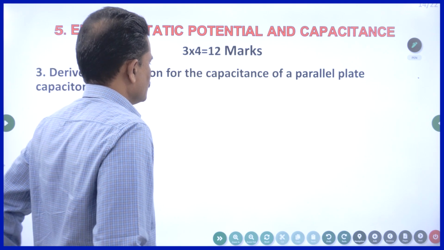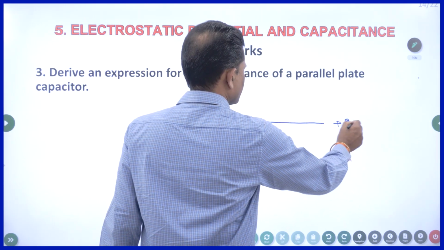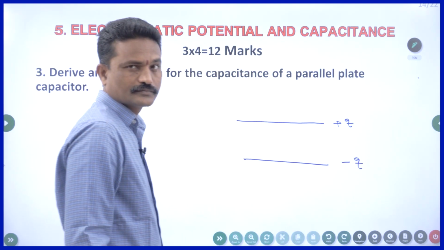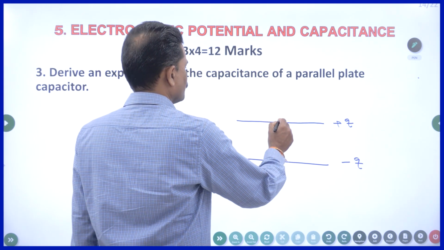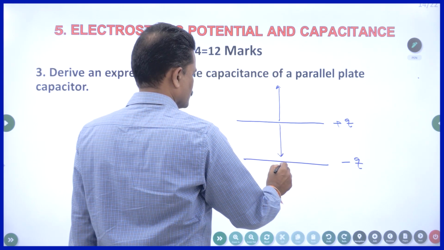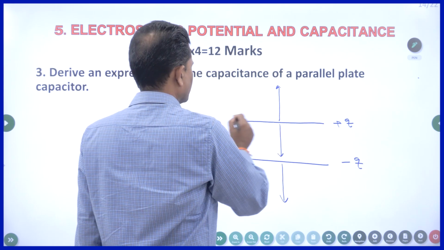Now I draw two horizontal lines. This is the positively charged plate and this indicates the negatively charged plate. Now the field lines: since it is positive charge, field lines go away from the positive charge. These are due to plate 1.